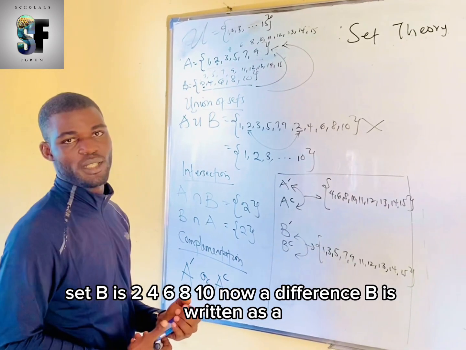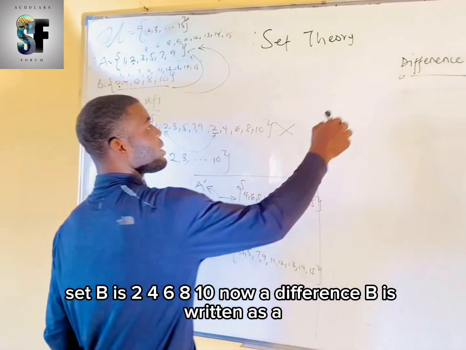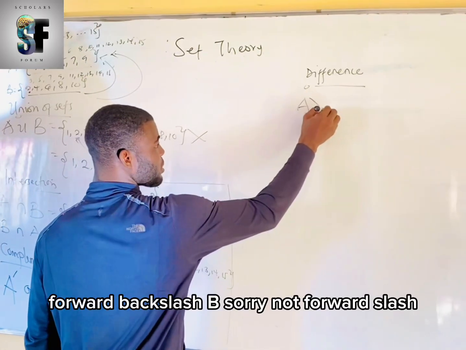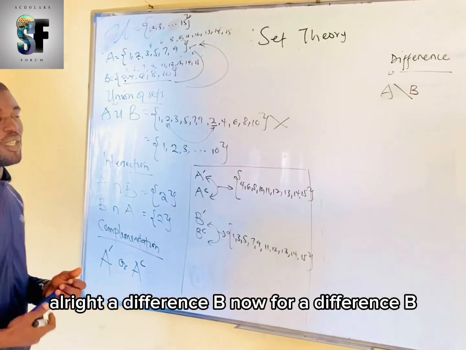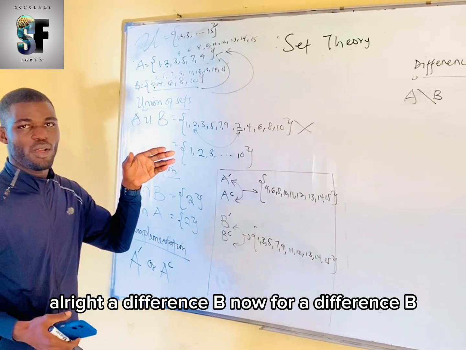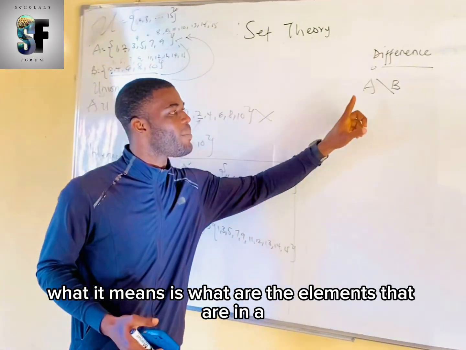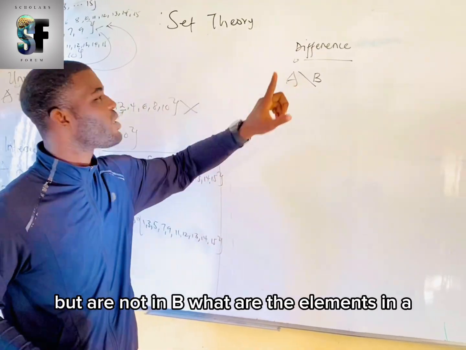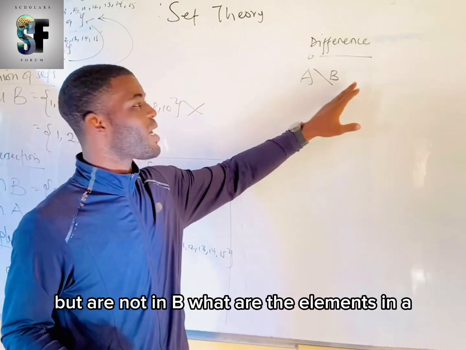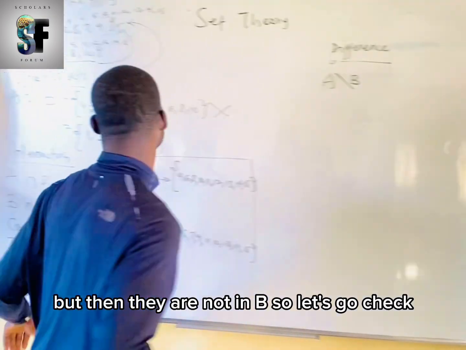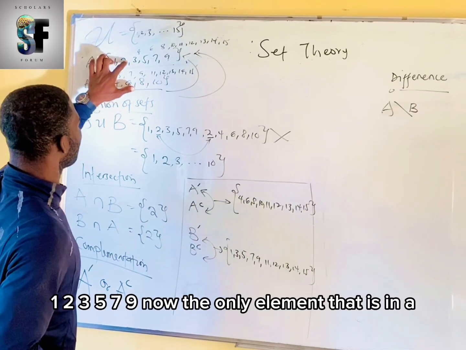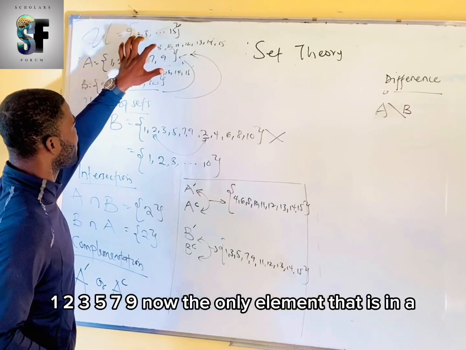Now, A difference B is written as A backward slash B, sorry, not forward slash. For A difference B, what it means is what are the elements that are in A but are not in B? Let's go check. 1, 2, 3, 5, 7, 9.